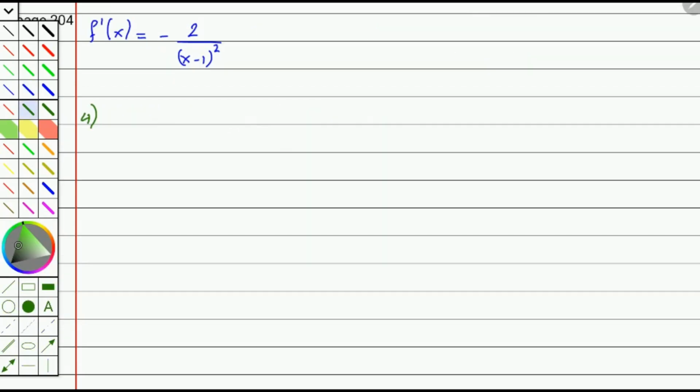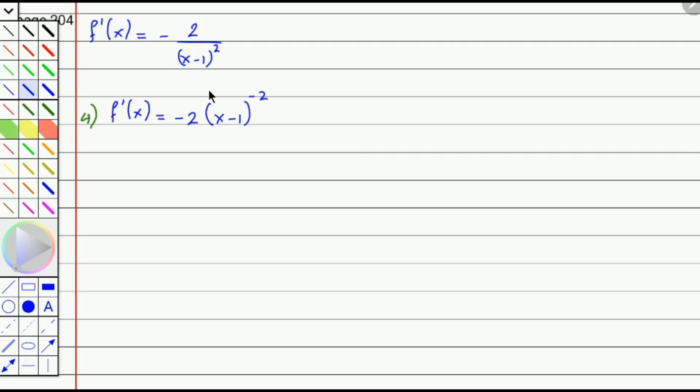We continue with the concavity. And here we can see that if we bring this bracket on the denominator to the top, the function becomes f prime of x equals negative 2 times x minus 1 to the negative 2.